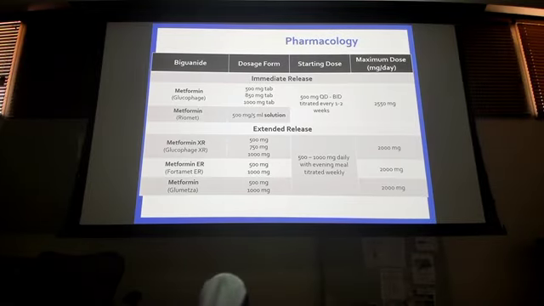All right, this table. For a lot of different forms of metformin, you see here the big things are immediate release and extended release. We have the Riomet, that's a solution. So you can see here with the starting dose, they're dosed at different times, so consider that with your patients.